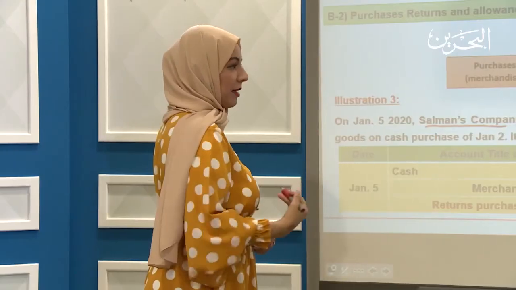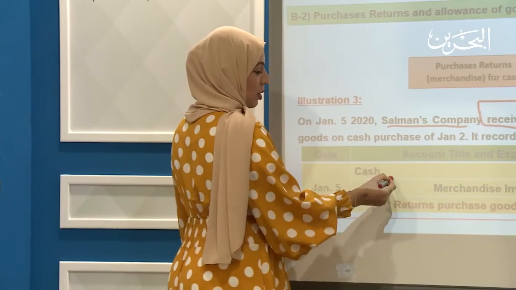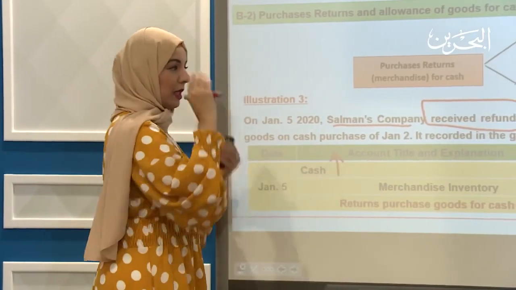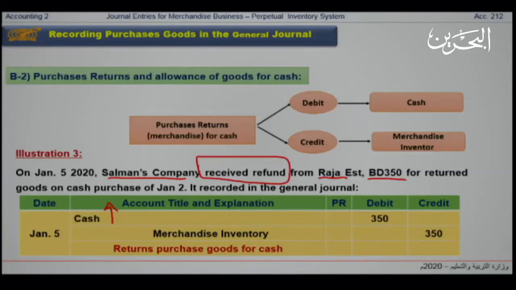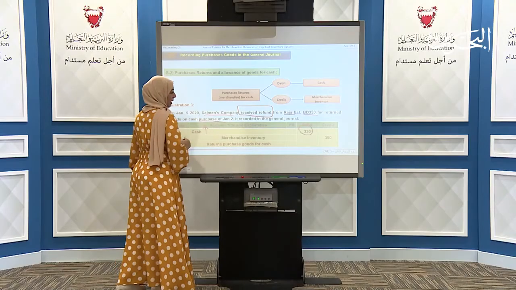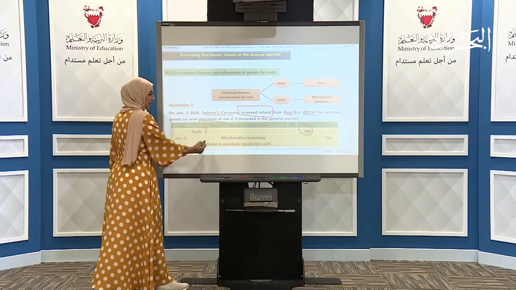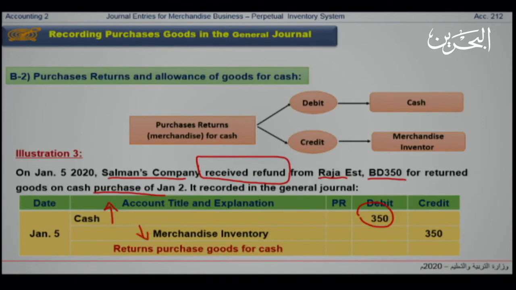If I received the money from Raja, the cash of my company will increase by 350 on the debit side. The cash increases because of the purchase return, so my inventory will decrease, because I bought it, and I record it on the credit side with the figure of 350.